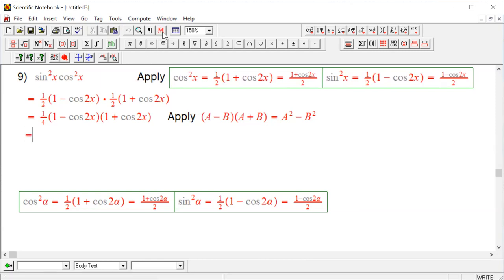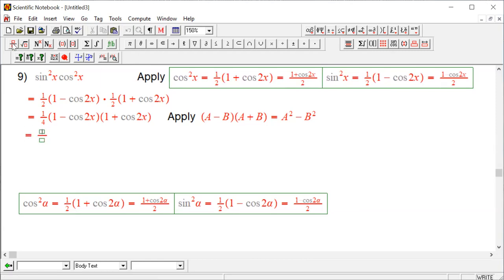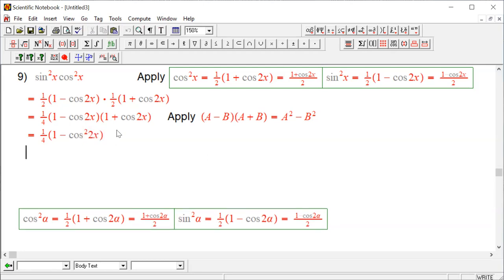Continue. We have a quarter. And inside the parentheses, it's going to be 1 squared minus cosine squared of 2x. And then we're going to reduce the power for this piece. The power for that piece equals 2.